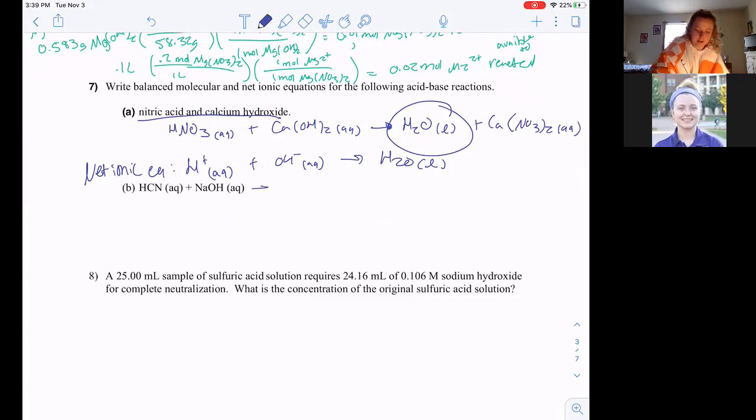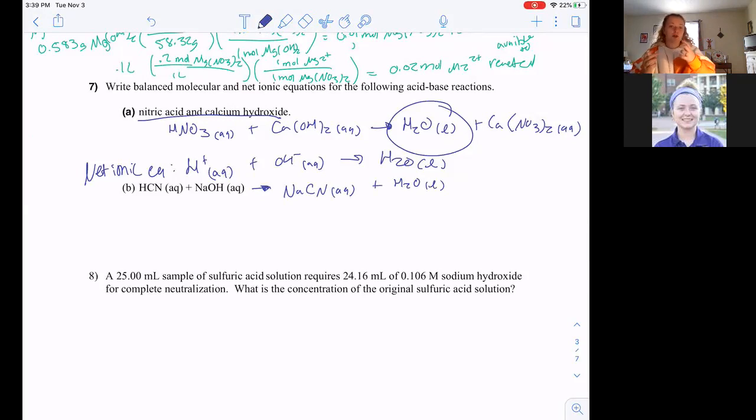What's going to happen is that this is going to go to NaCN, which is aqueous, and water, which is a liquid. Then it's the same, oh wait, no, because you have to break it apart. Previously it was a strong acid.